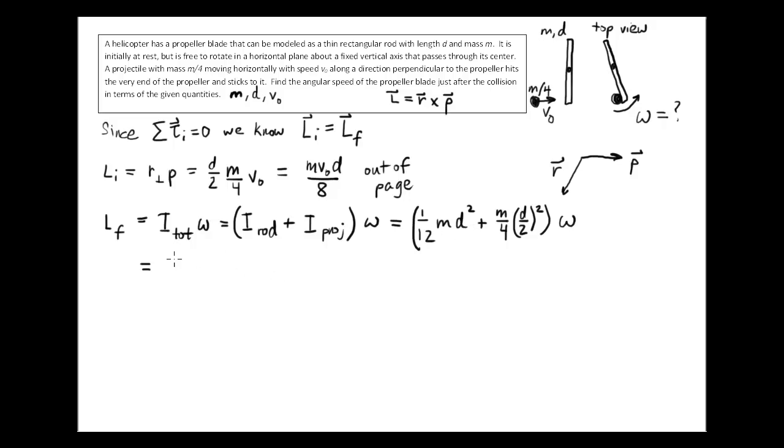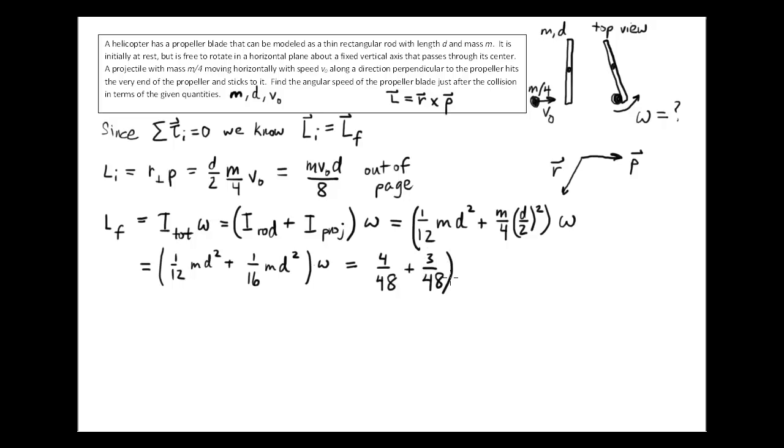I've got 1/12 md squared plus, let's see, 1/16 md squared, both times omega, of course. If I want to get those over a common denominator, the least common multiple of those things is 48, and so this would be 4 over 48 plus 3 over 48.